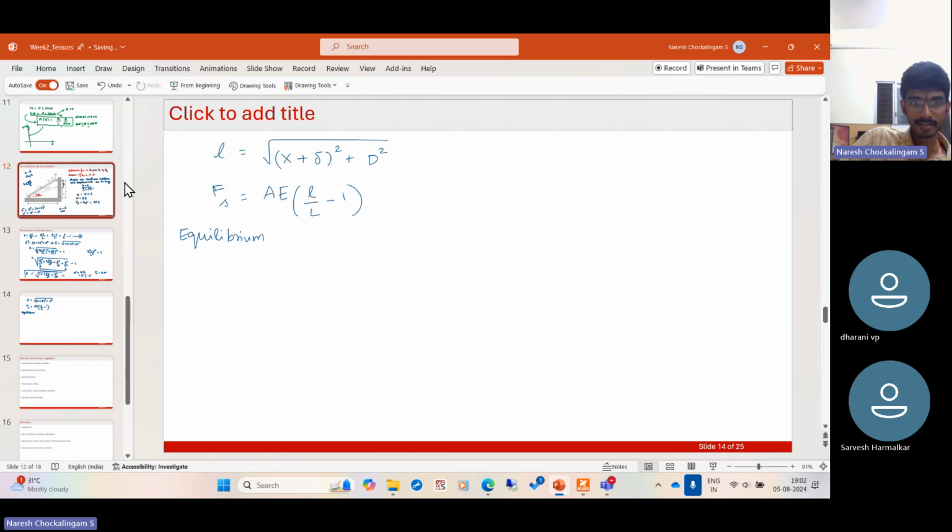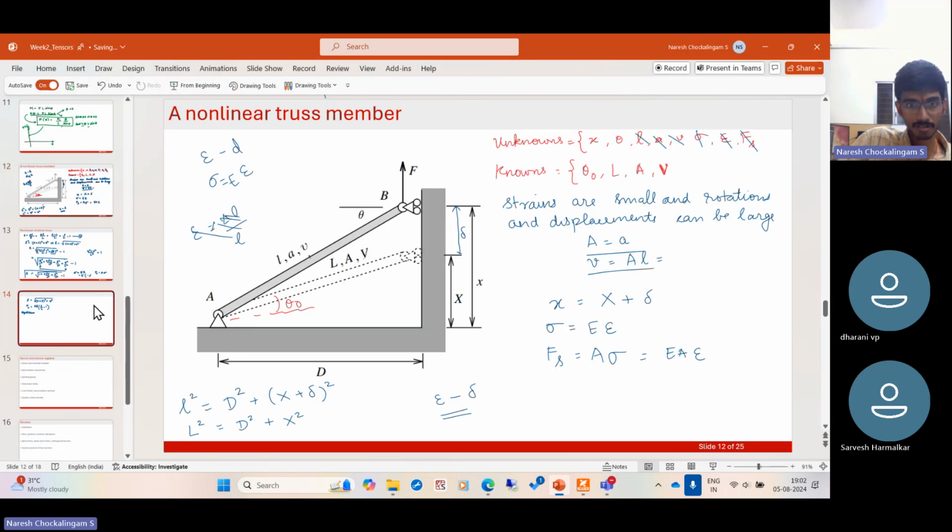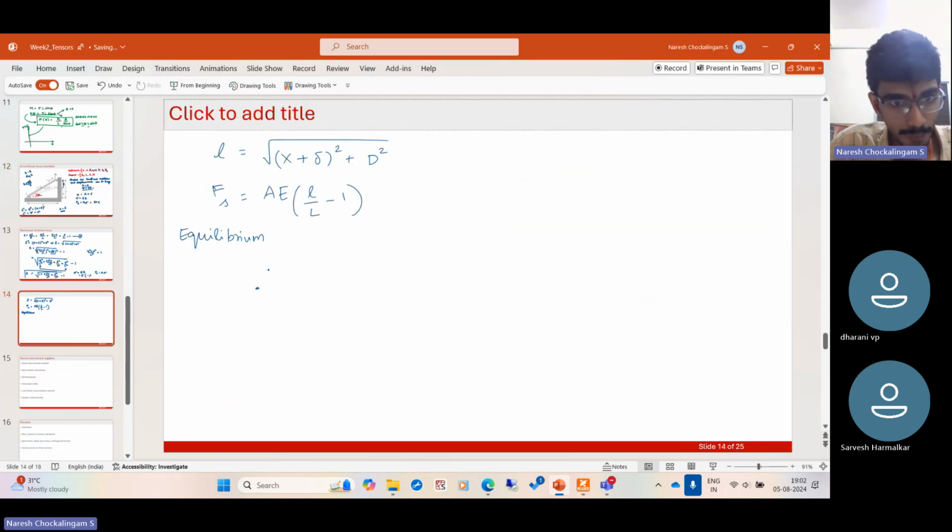So at this point B, let us draw the force diagram. You have a force applied upwards, F, and a force Fs acting at an unknown angle theta, because as it undergoes large rotations, this theta will not be equal to the initial theta naught.